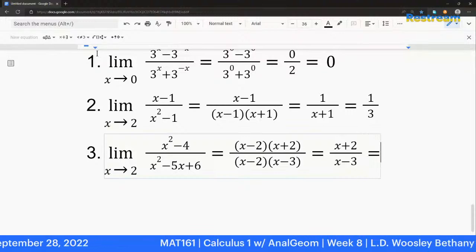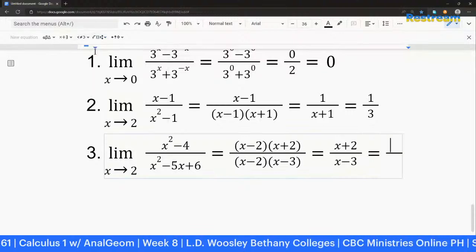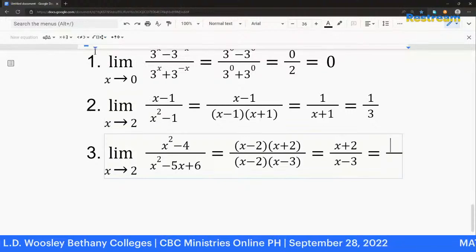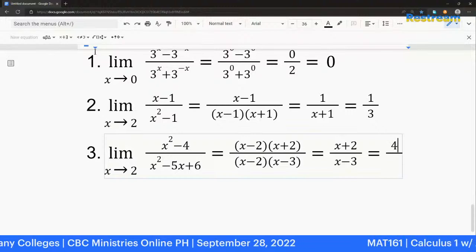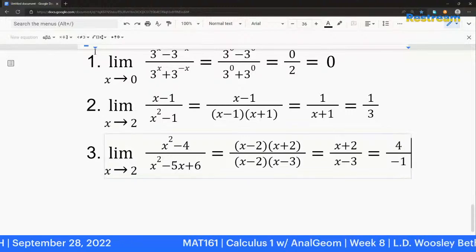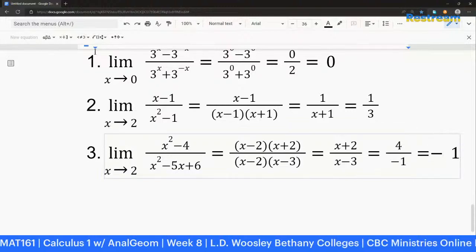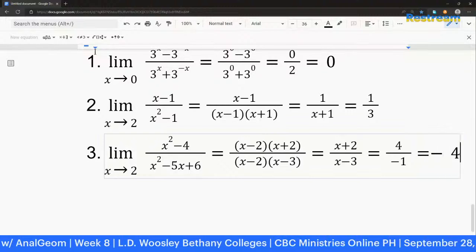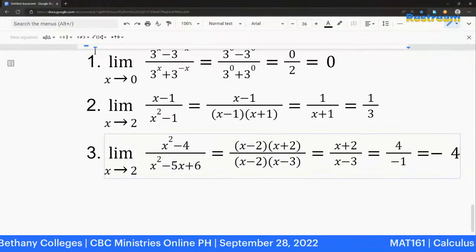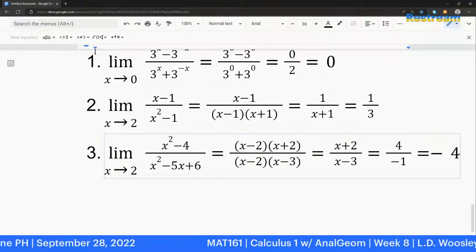So, you have 2 plus 2 is 4, 2 minus 3 is negative 1. So, obviously, this is equal to negative 4. Right? Tama ba? Negative 4? Yes po, sir. Okay, good.